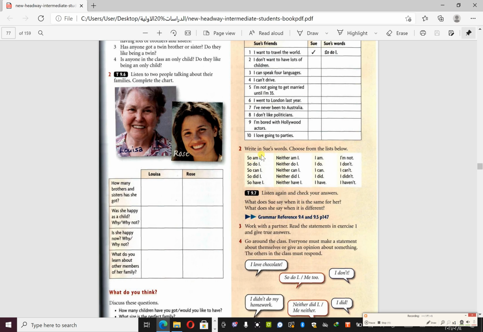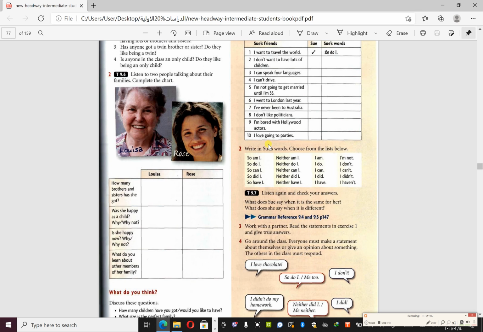Okay, we use it if we have the be verb. So basically we usually take only the auxiliary verb. Here if we have the present we use do. If I have can, a modal, we also use can.